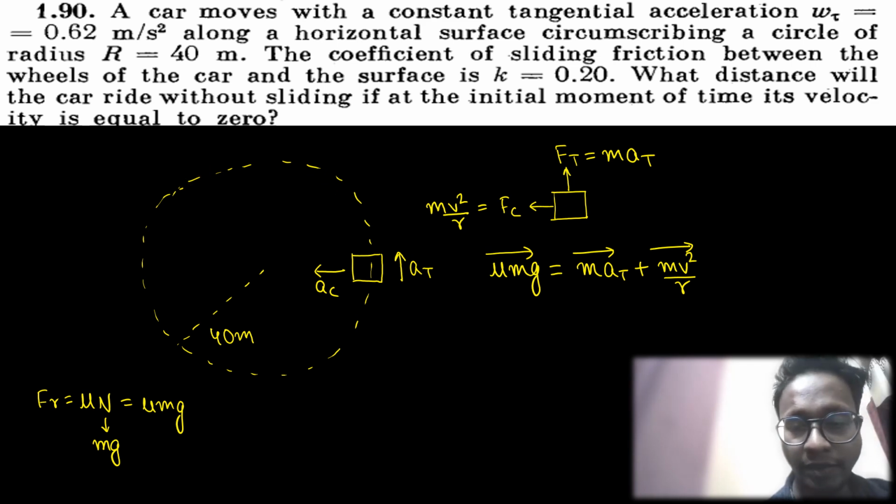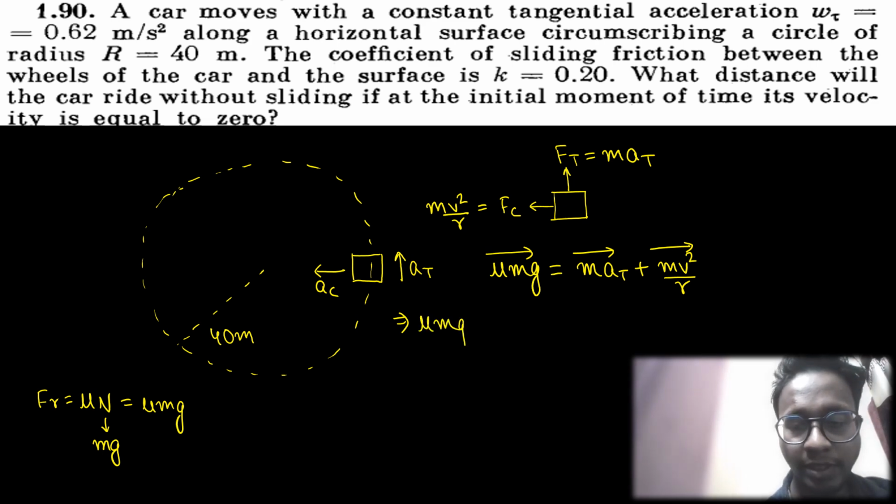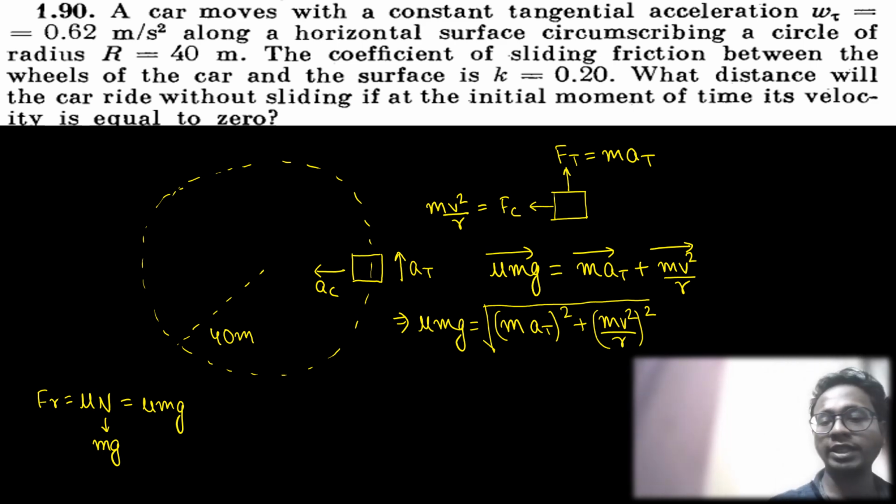So if you want to find out the magnitude of this force, it will be mu mg only. The direction will depend upon the situation. So mu mg is equal to the magnitude of tangential force plus centripetal force. Okay, this is the magnitude of tangential force plus centripetal force, which is the net force acting on this body.